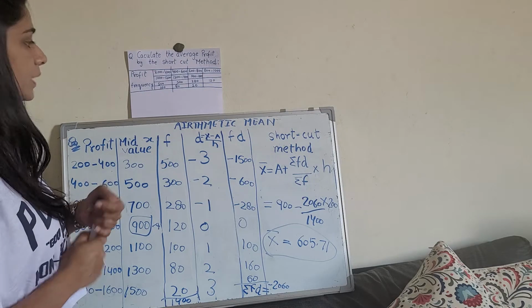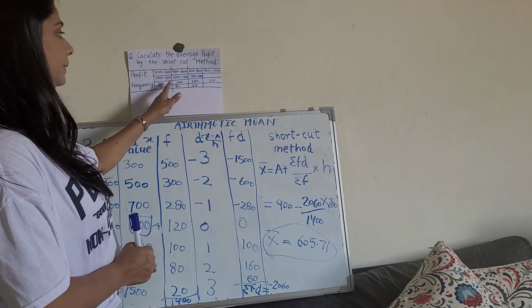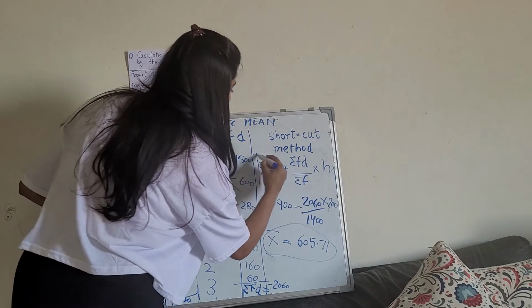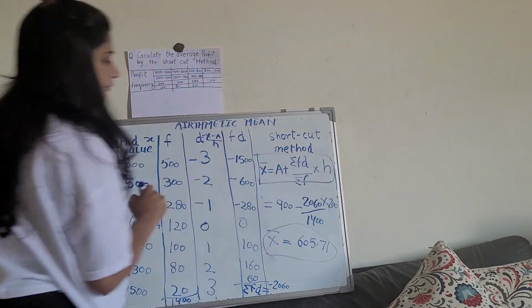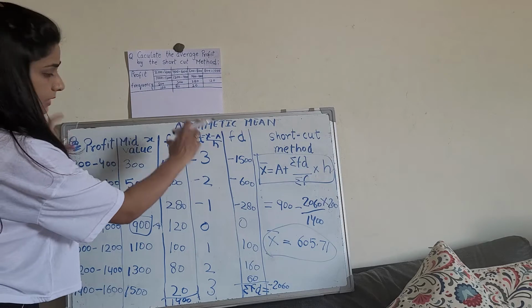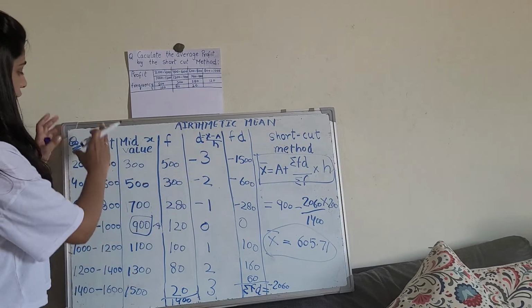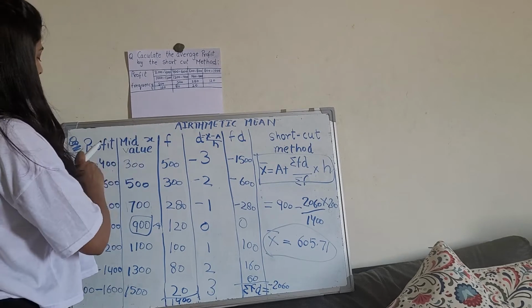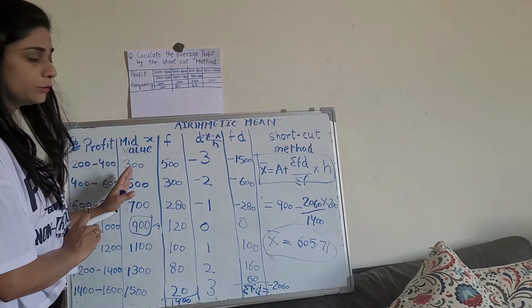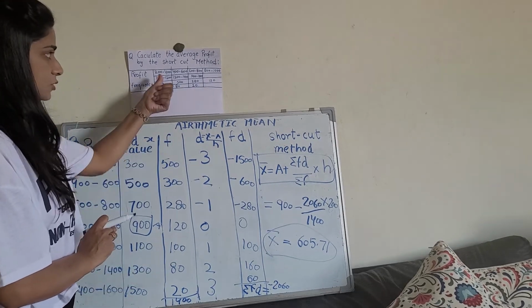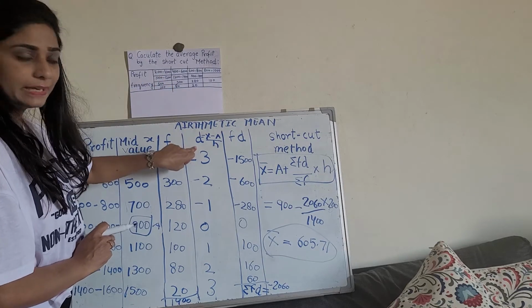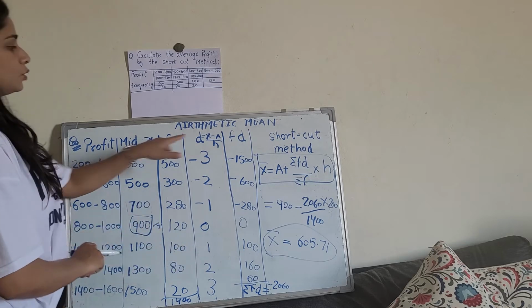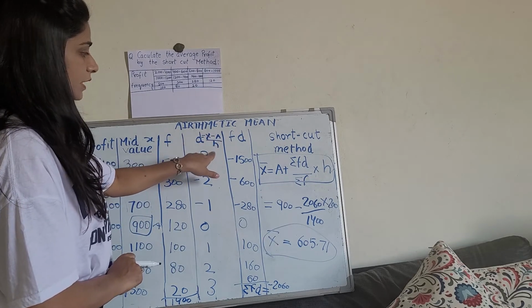If we need to calculate arithmetic mean for group data by shortcut method, then we apply this formula, and according to the formula we make a table. First column is class interval, second column is mid value, with the formula lower limit plus upper limit divided by 2. Third column is frequencies. Next we calculate deviation for all the class intervals with the formula x minus a divided by h.